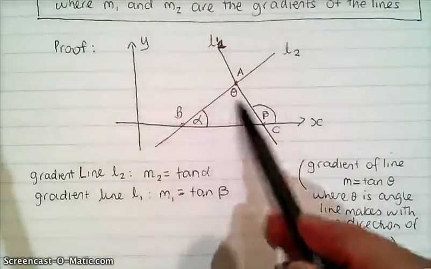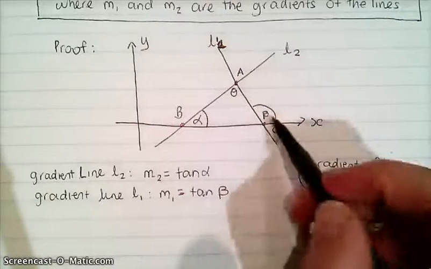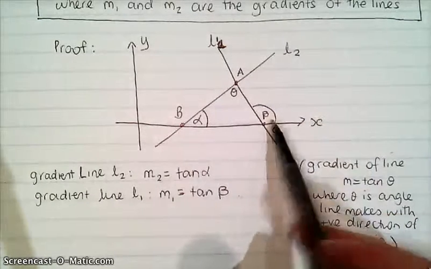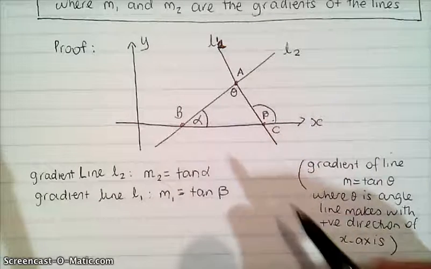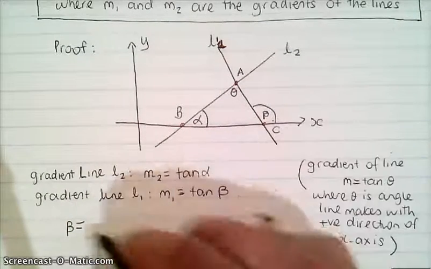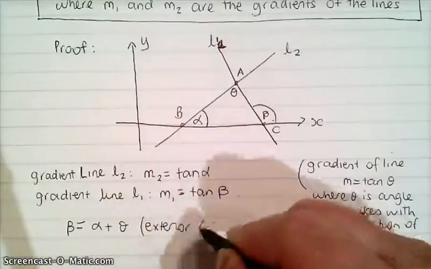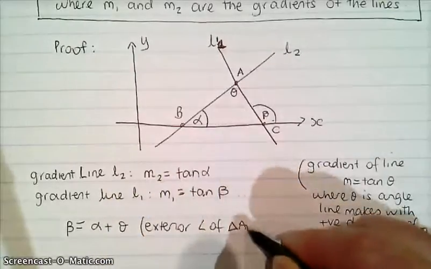So if theta is the angle between line L1 and L2, we can see that beta is the exterior angle of triangle ABC. So I can say that beta, this angle out here, equals alpha plus theta because it's the exterior angle of triangle ABC.